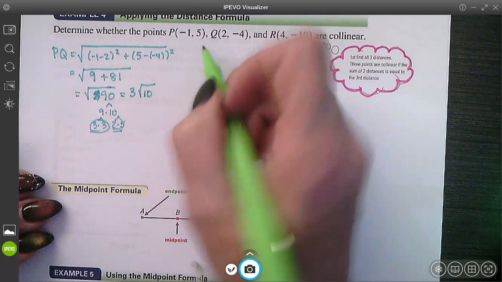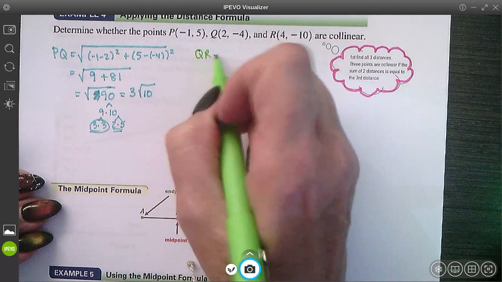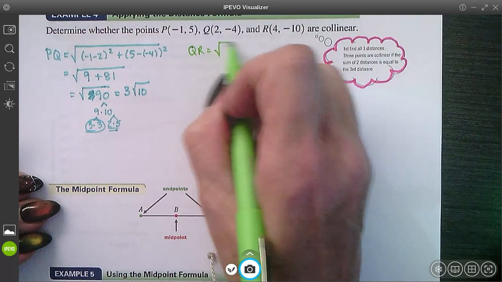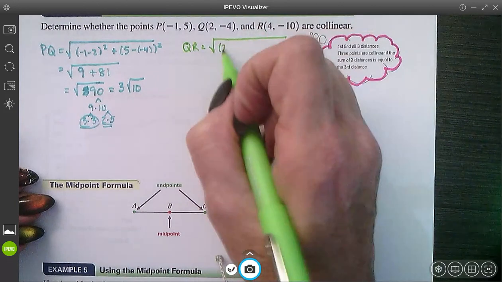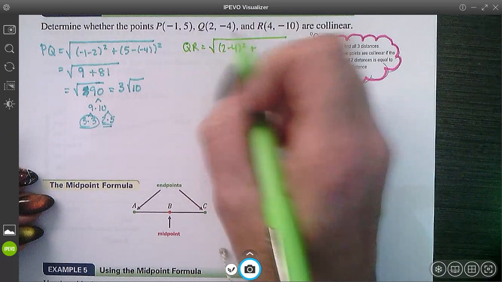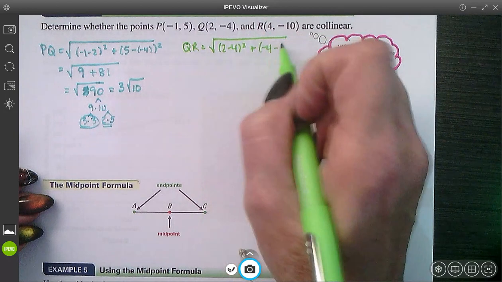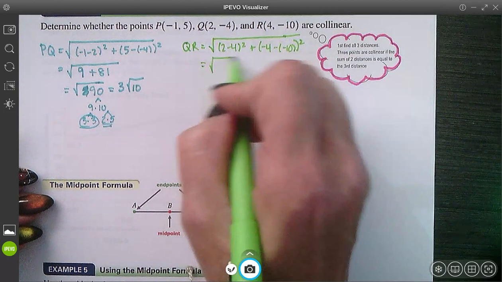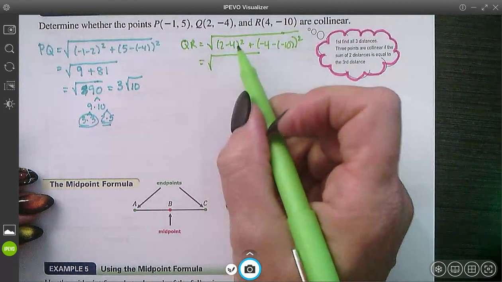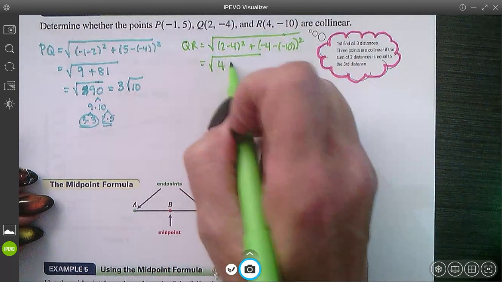Okay, what about QR? QR would be the square root of 2 minus 4 squared plus negative 4 minus negative 10 squared. 2 minus 4 is negative 2. Negative 2 squared is 4.